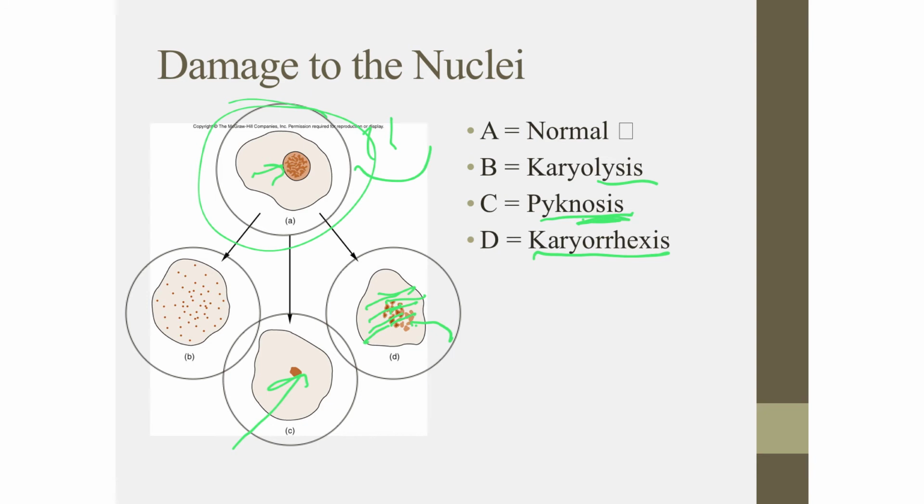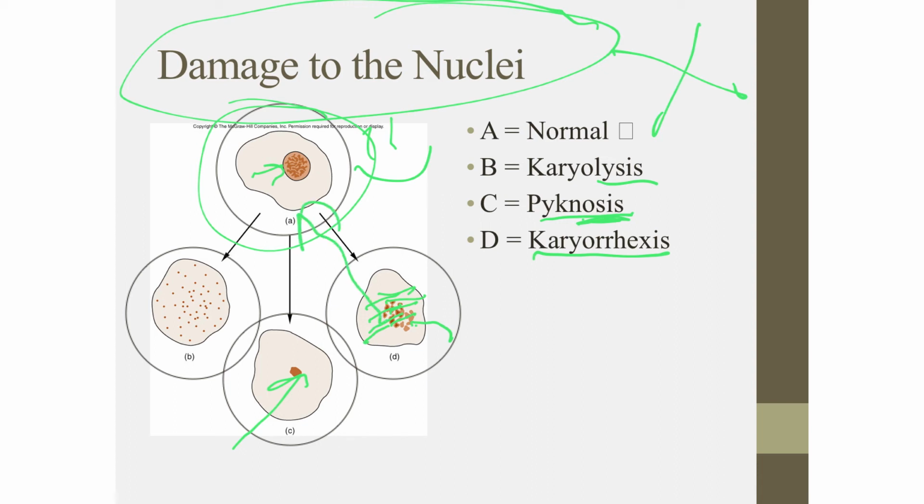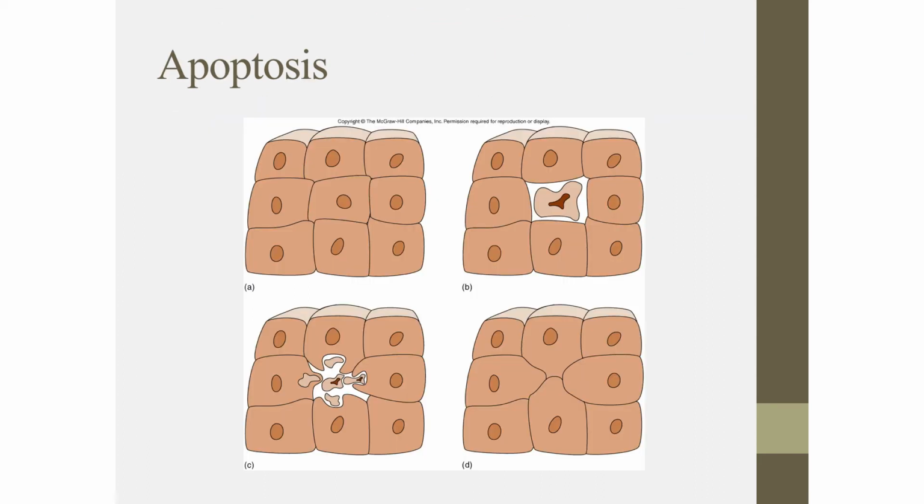So again, when we see this damage to the nuclei, we don't want that cell copying itself. That is an irreversible change. We can't just reverse this and make those go back to normal looking nuclei. That cell must die. Programmed cell death to remove those types of abnormal cells with crazy looking nuclei from the pool is called apoptosis.